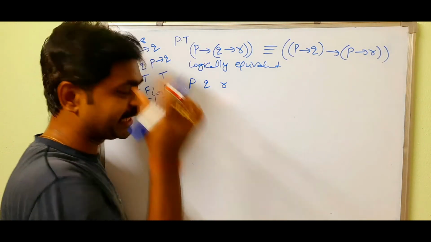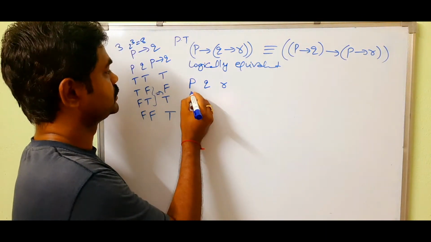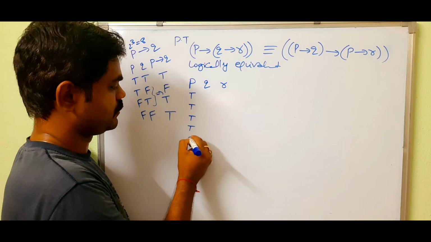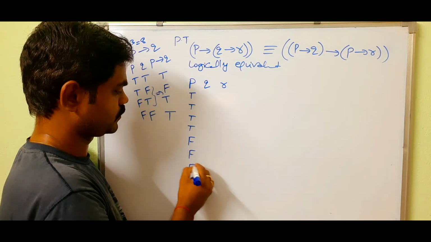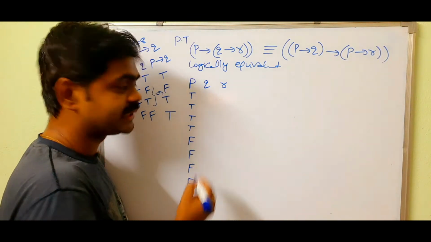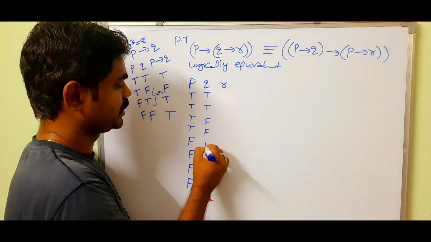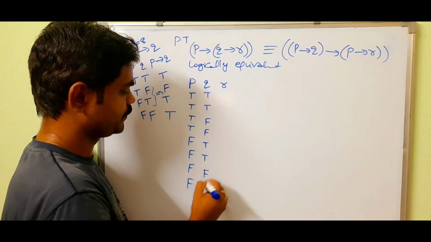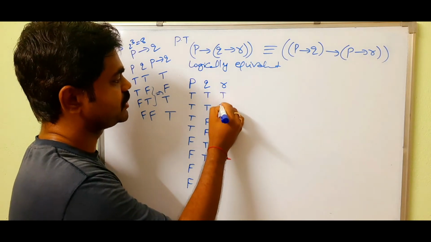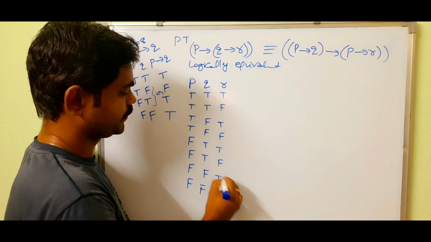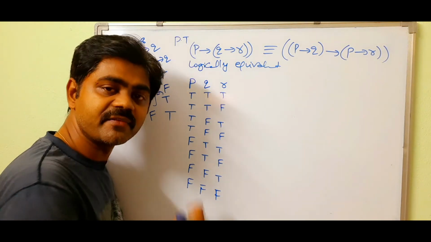So I should get 8 values, right? So first I will write 4 trues, 4 false. Okay. Next, 2 trues, 2 false, 2 trues, 2 false. Here true false, true false, true false, true false. So I got 8 values here.